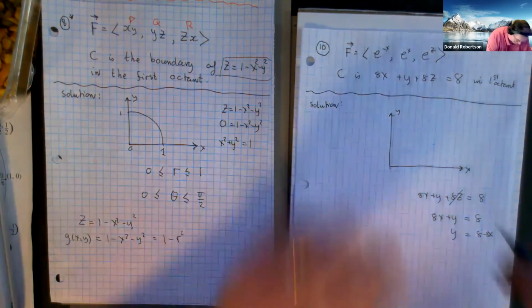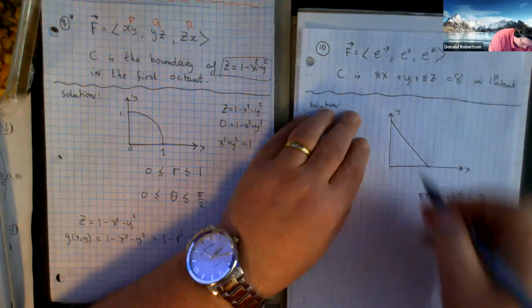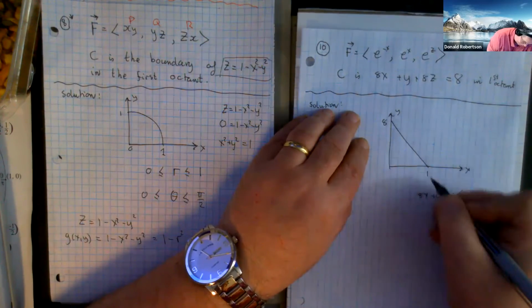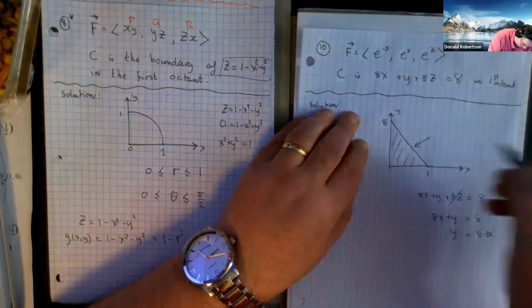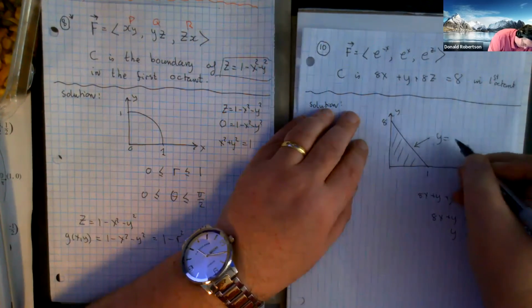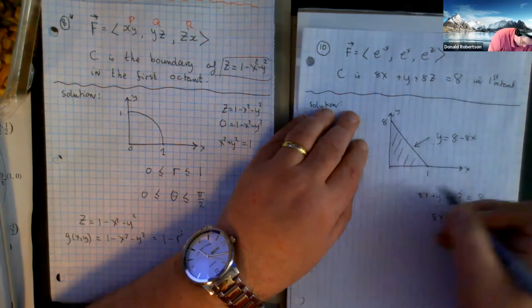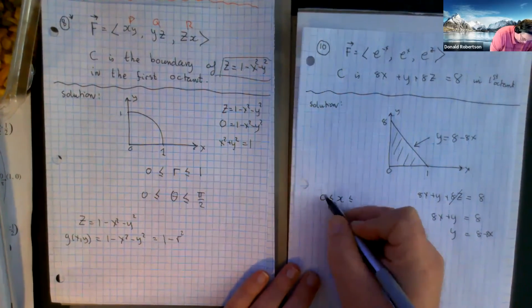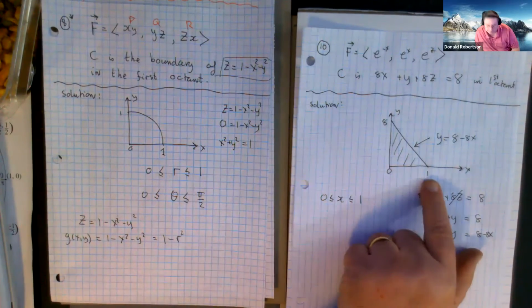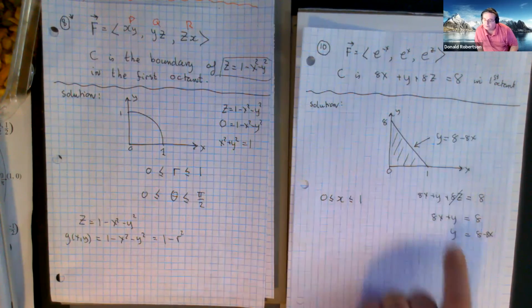And so I have a straight line that basically looks like this. And the equation of this line is this guy. And so my limits of integration are going to be x equals 0 to 1. Are you comfortable about where that 1 came from?